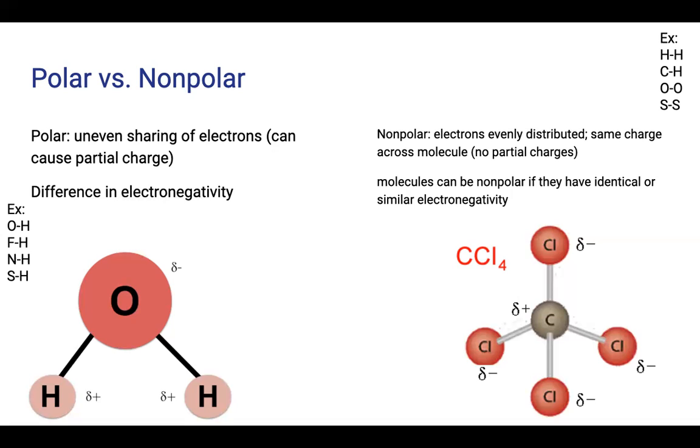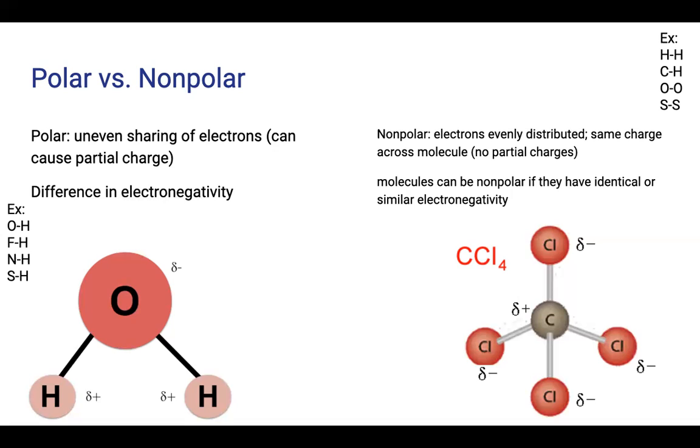On the other hand, you can have a non-polar structure. It's when your electrons are spread out a little bit more evenly. Typically, it is where they're a little bit more symmetrical, so you're not going to have partial charges. Rather than having different electronegativities, you're going to have more similar electronegativities.